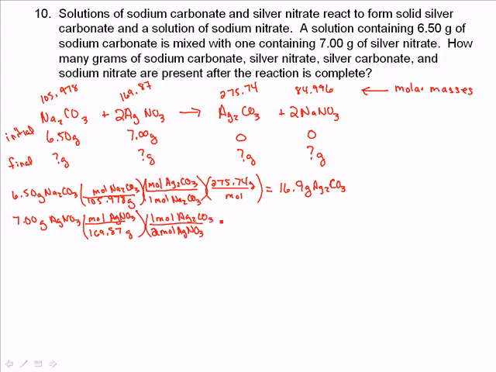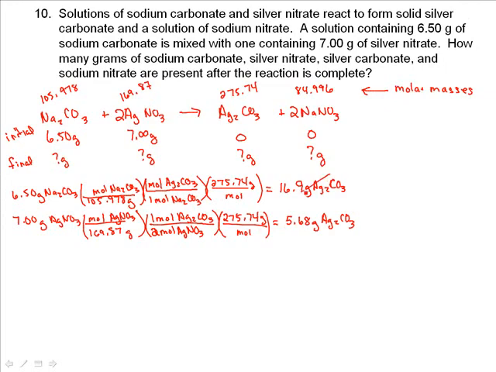Remember, I need to compare the same one in order to determine the limiting reagent. Then I'm going to convert this to grams, and that gives me 5.68 grams of silver carbonate.